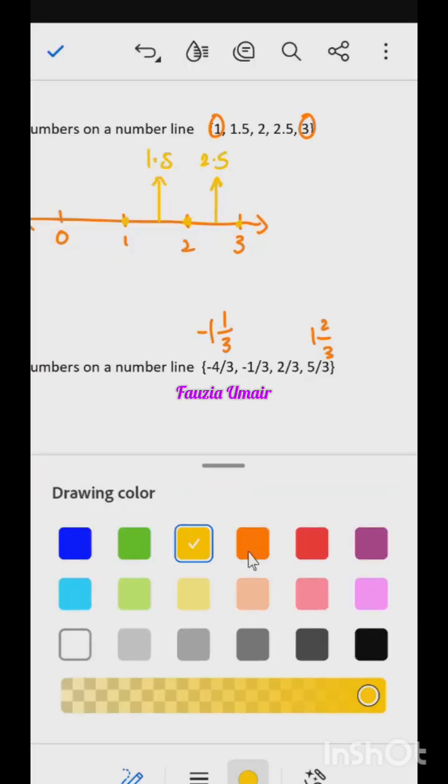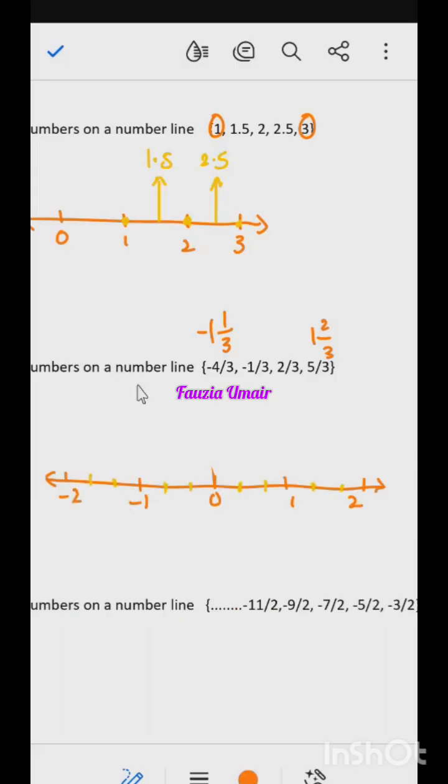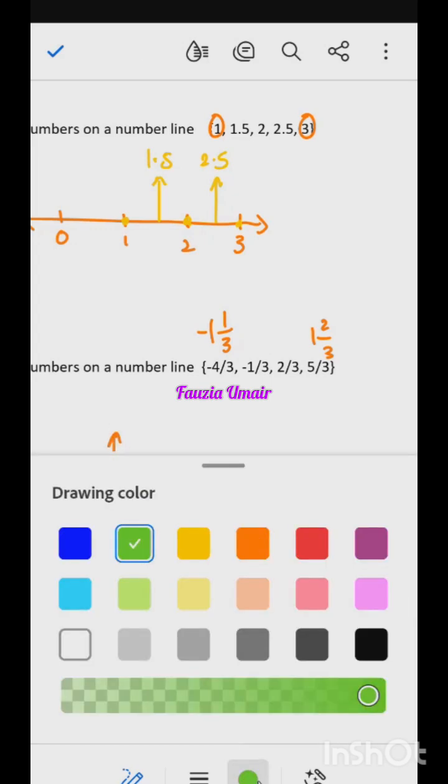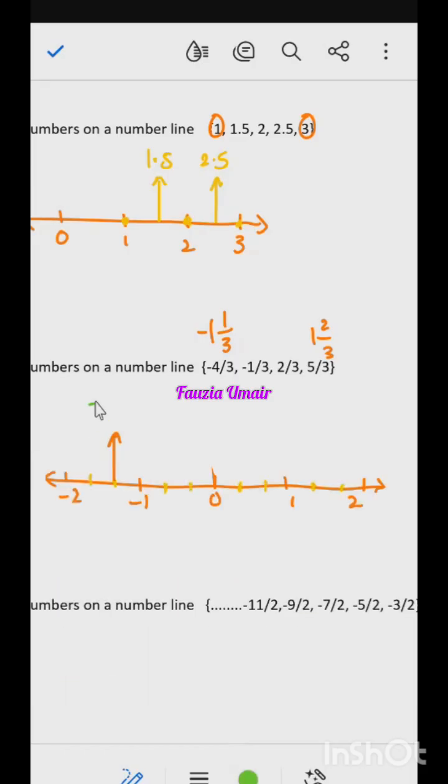So now just look at how I am going to label them. So first is minus 1 whole 1 by 3. So this is minus 1 whole, and this is 1 by 3. So this is the position where minus 1 whole 1 by 3 will lie. I hope this is clear, how we are working. Okay, we are dividing the whole numbers or the integers in 3 parts.